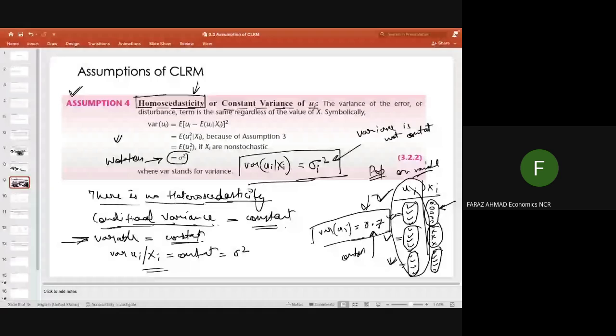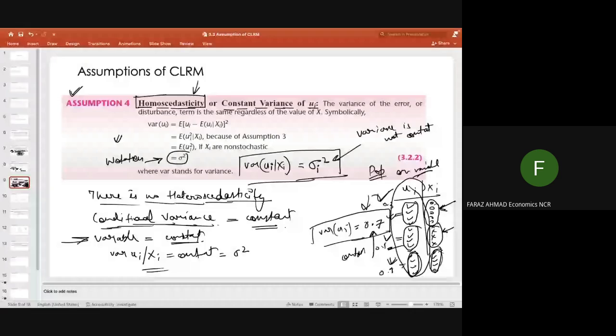It means that for a given value of X, the variance of u_i is something, let us say 0.3, and for another value of X, the variance is say 0.5, and for another value of X, the variance is say 0.9. So it is changing. It's not constant. In that case, you will put a subscript i here.